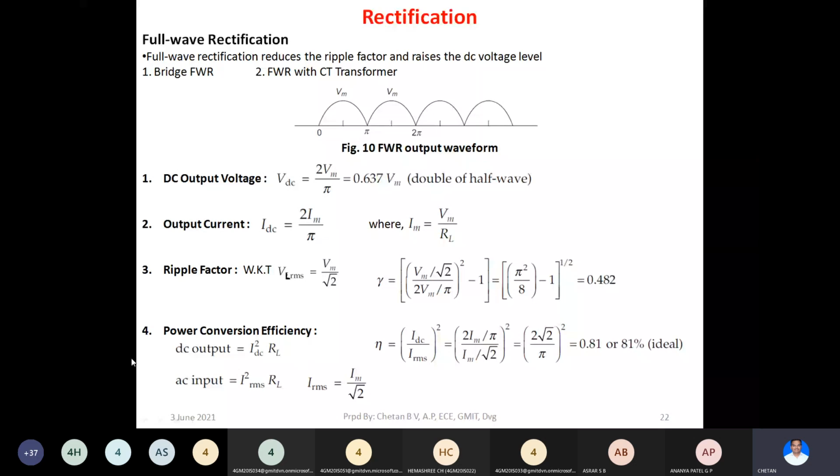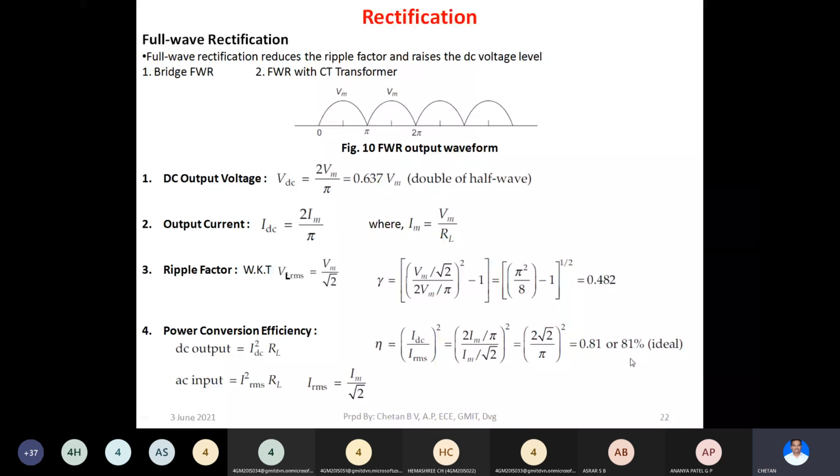Next, coming to power conversion efficiency, we find that the power conversion efficiency eta for full wave rectification is around 81%, which is very good compared to the half wave rectifier, whose conversion efficiency was somewhere around 40%. So this is double of that.